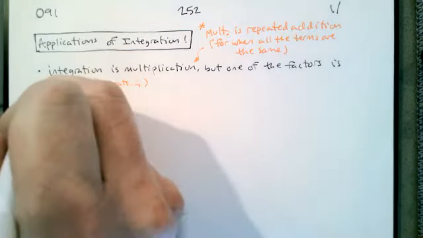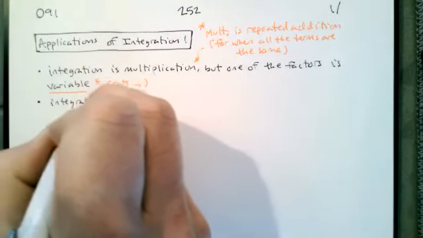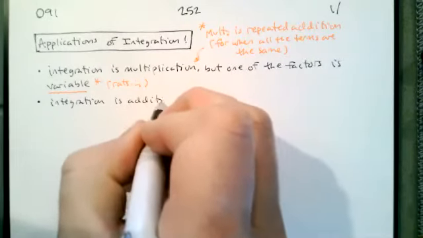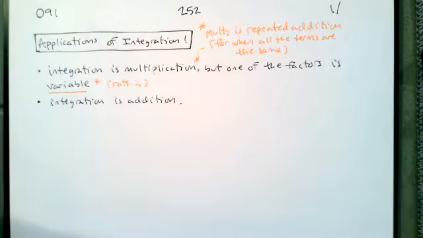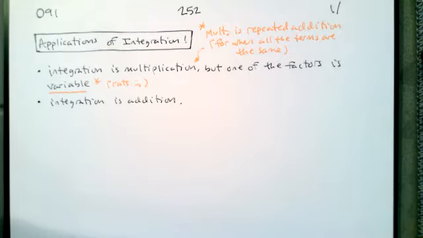So in that sense, integration is addition. Sometimes we think of integration as accumulation, but it's just addition. We're just adding things up. We want to multiply, but one of our factors is variable. So we have to stick with addition.